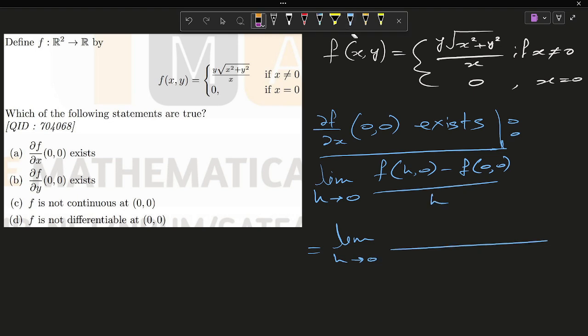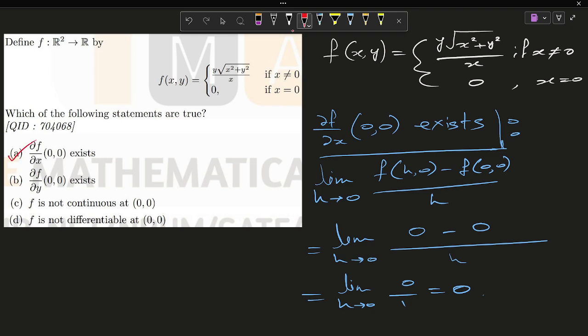So that is 0 minus 0 by h, a 0 by 0 form, so we can use L'Hospital rule. We get 0, so this limit exists, and option A is true.